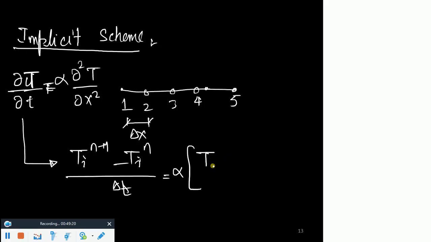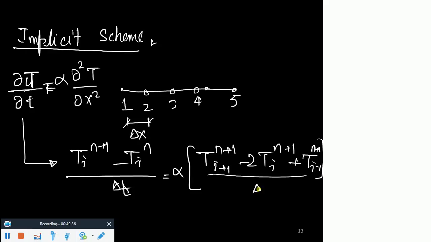So this is, let's say, T_(i+1)^(n+1) minus 2T_i^(n+1) plus T_(i-1)^(n+1) over delta x square. Now just look at that. You know the initial condition, you know the boundary condition, and all the values except this one are unknown. Now what you need to do?